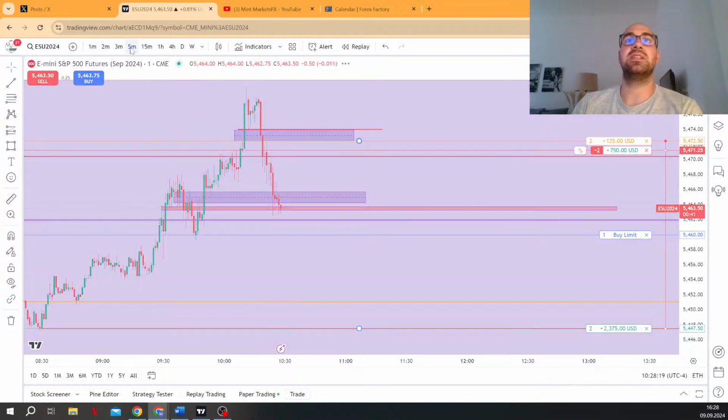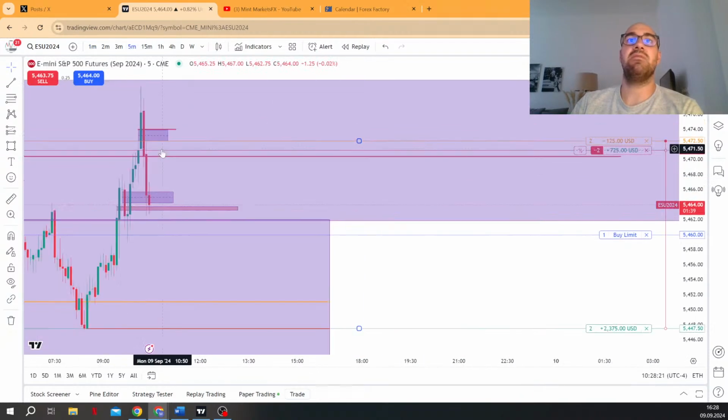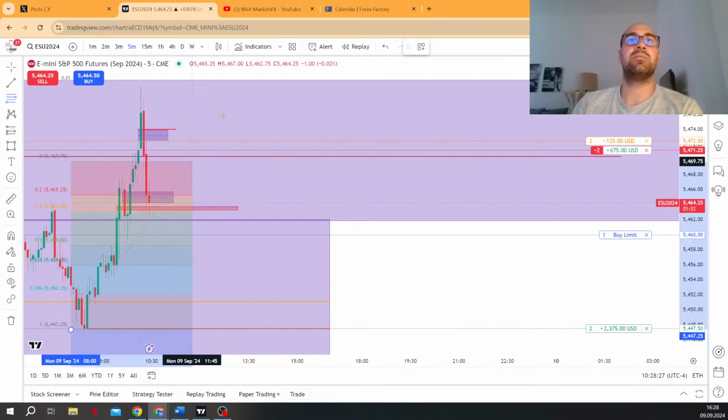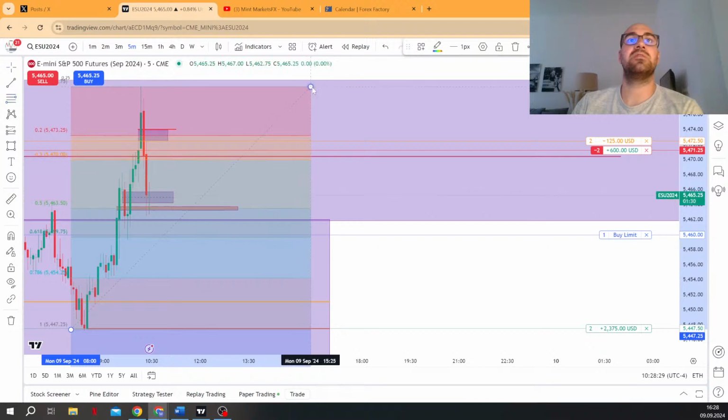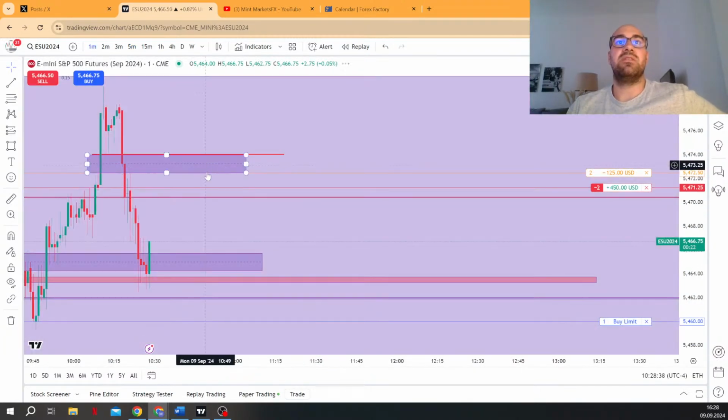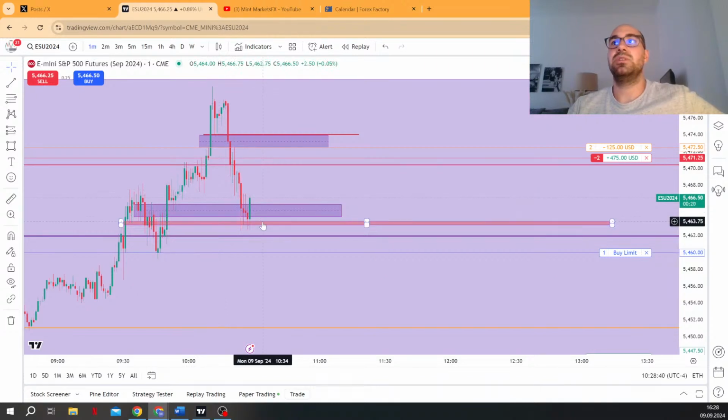But I think since we have the price range outlined here now, where is 50%? 50% is here actually already. Oh my gosh. We had already 50% retracement. That's not so good.